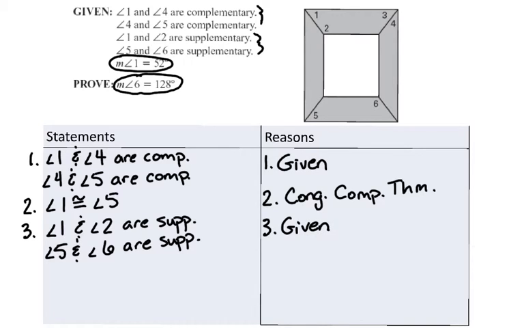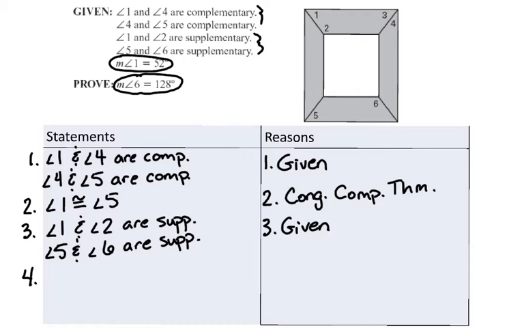Now, step 4 here, what I'm going to do is some substitution. You can see that angle 1 is congruent to angle 5.